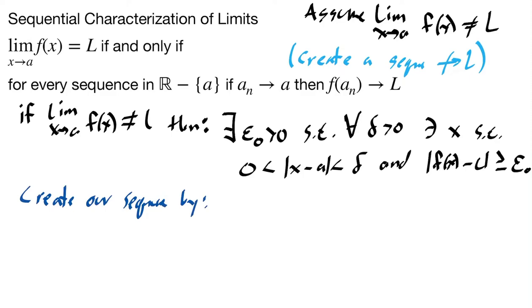What I'm going to do is let these delta values equal 1 over n.